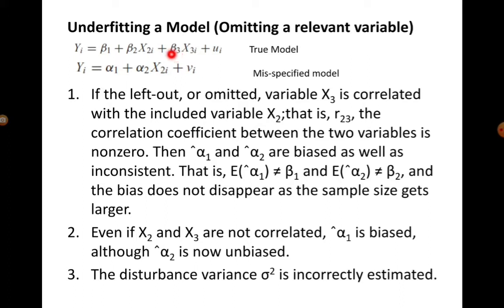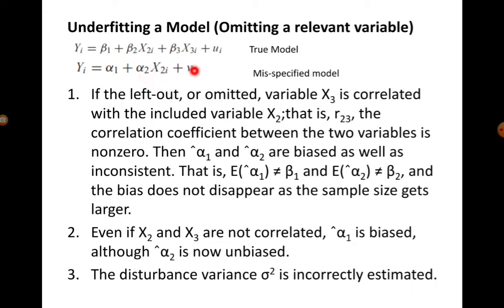Instead of running this true model, suppose we commit a specification error and we regress yi on only x2i. So the second equation, where we have alpha 1 and alpha 2 as the parameters, represents the misspecified model.